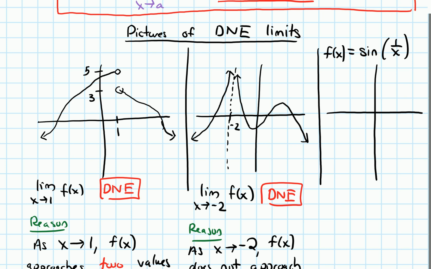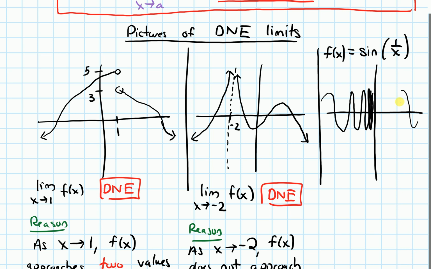Okay, so what happens with sine of 1 over x is, just like the graph of sine, it oscillates up and down. But as you get closer and closer to 0, if you try to plug 0 into this, you get 1 over 0, which is undefined. And graphically, the graph starts to oscillate faster and faster the closer you get to 0. Same thing from the other side.